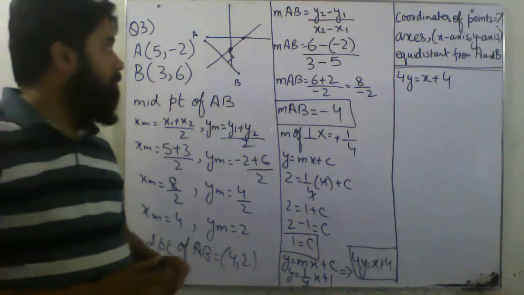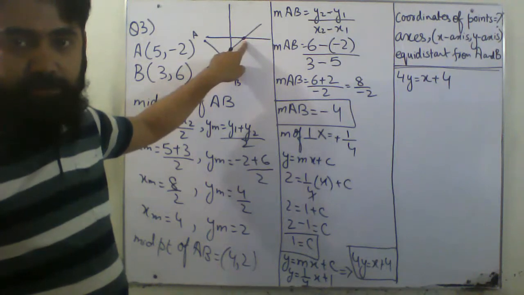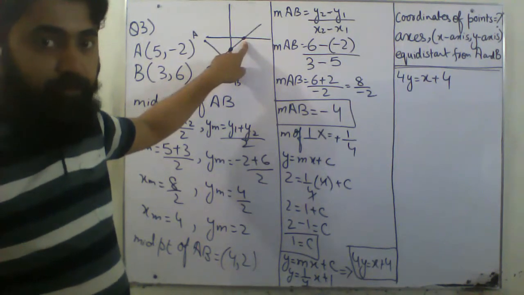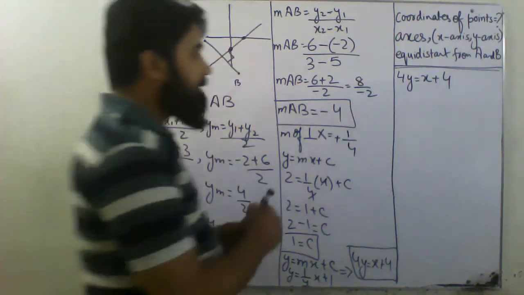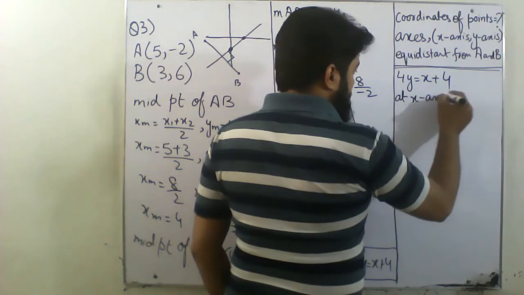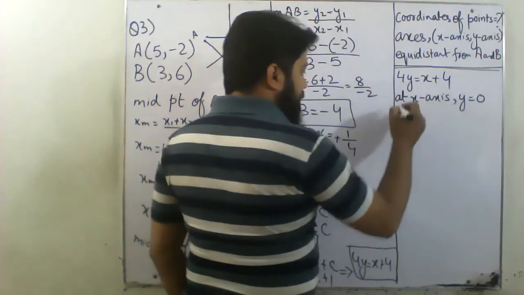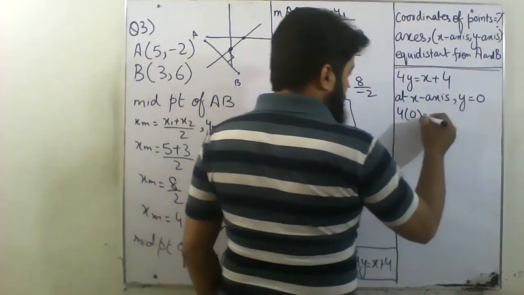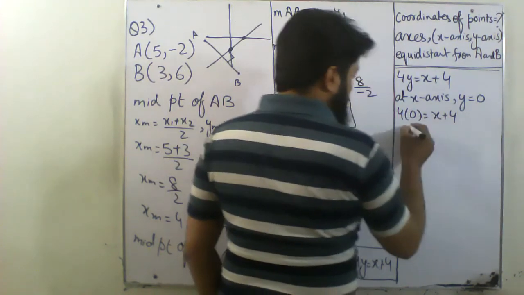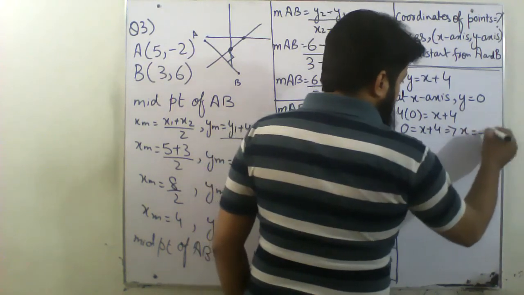Now if the point is on the x-axis, what do we say? If a point is on the x-axis, it means y will be taken as 0. So when I plot it over here, 4 times 0 equals x plus 4, 0 equals x plus 4, x equals minus 4.